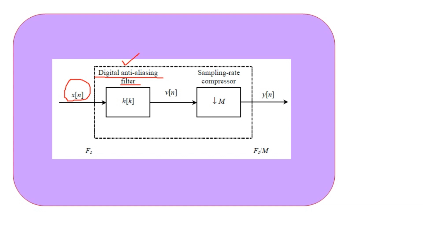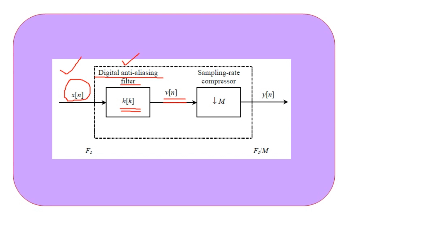For this filter, the filter function, its characteristic, is denoted as h of k, and in the frequency domain or Z domain it will be correspondingly capital H of f or capital H of omega, and for the Z domain capital H of z.